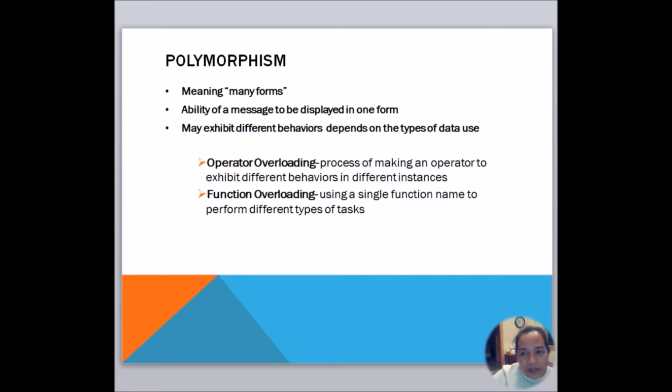So the same person possesses different behavior in different situations. This is called polymorphism. An operation may exhibit different behaviors in different instances. The behavior depends upon the types of data used in the operation.